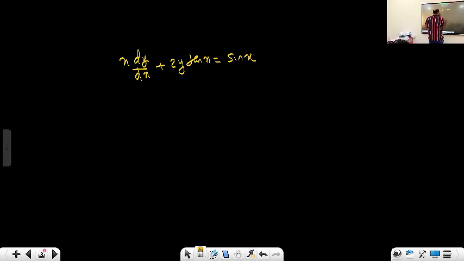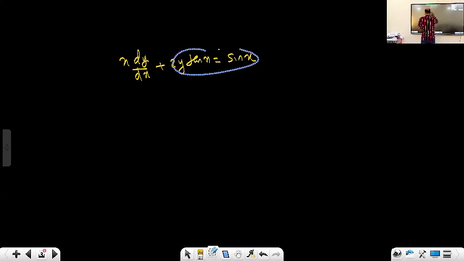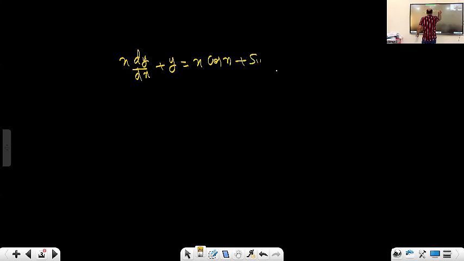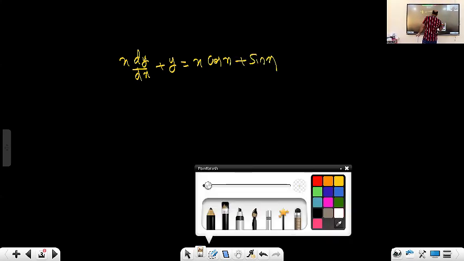You wrote the other one. x dy by dx plus y, second question, x cos x plus sin x. Again, if you want to apply linear, the coefficient of dy by dx should be 1. But here how much is there? x. Divide throughout by x.